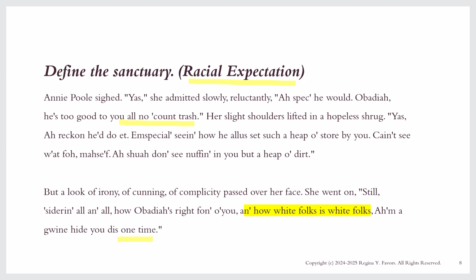So somehow Jim Hammer has found sanctuary in using the name of Obadiah. He has found sanctuary in using that name to appeal, but using that name in contrast to white folks being white folks. Of course, Annie Poole is saying these words, but they are both under the understanding racially of what they mean.